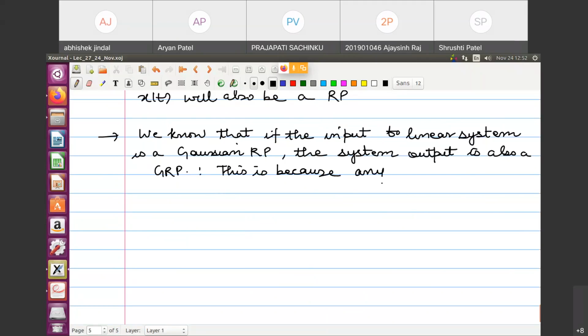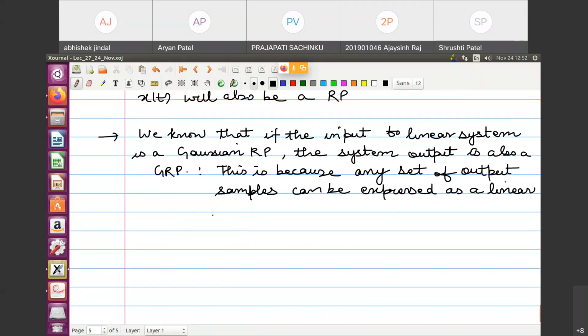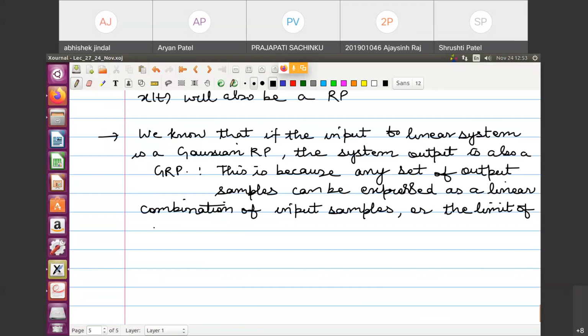Any set of output samples can be expressed as a linear combination of input samples, or the limit of such linear combinations.